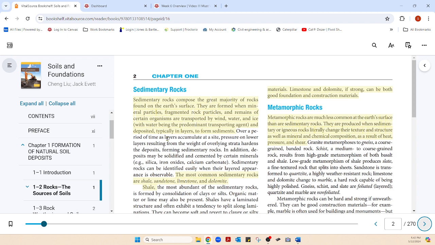They're formed when mineral particles, fragmented rock particles, and the remains of certain organisms, including us, I think, are transported by wind, water, and ice, with water being the predominant transporting agent.